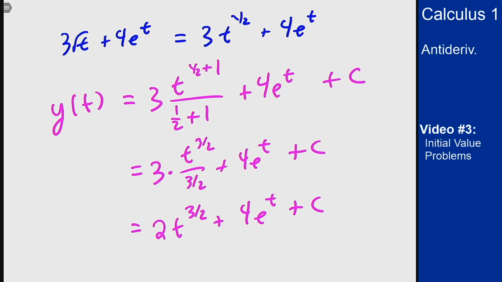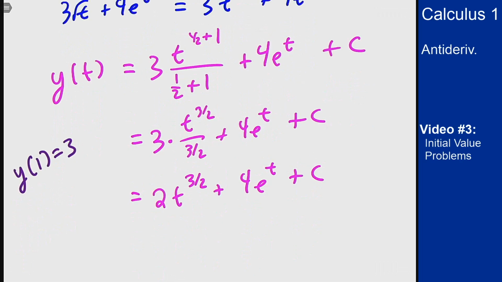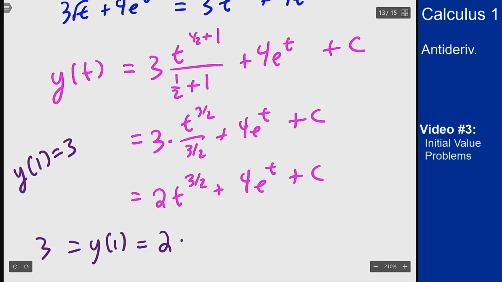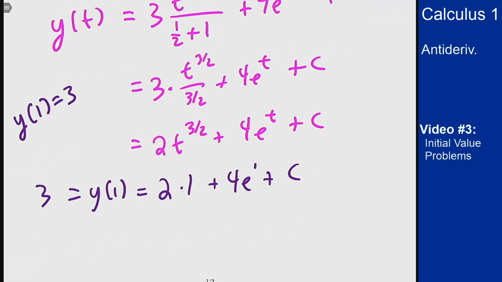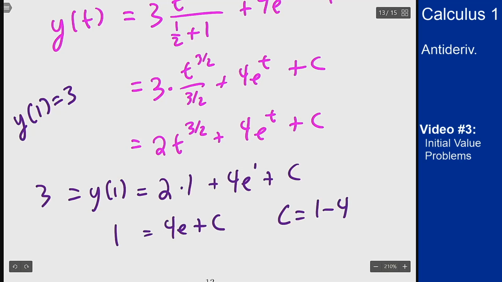And now I want to meet my initial condition. My condition said that y of 1 should be 3. Now I can plug in t equals 1 and see what c has to be to make this work. If I plug in t equals 1, I will get y of 1, which I know should be 3, equals 2 times 1 to the 3/2, which is 1, plus 4e to the 1 plus c, which means that 1 equals 4e plus c, or c equals 1 minus 4e.